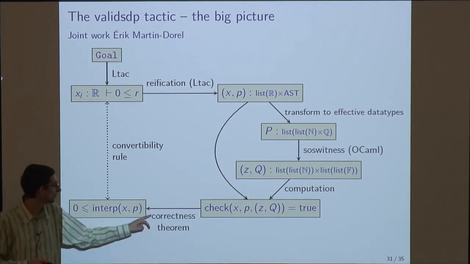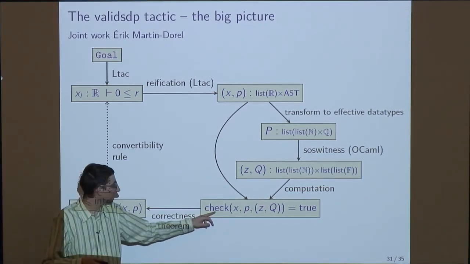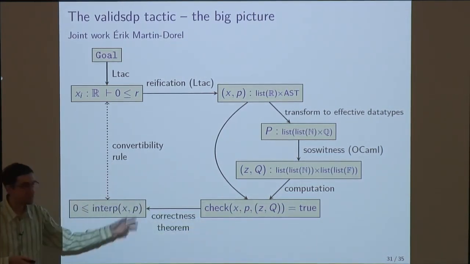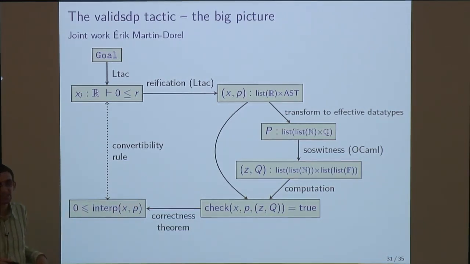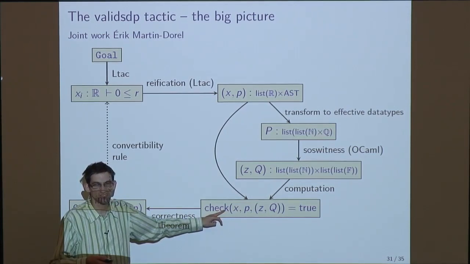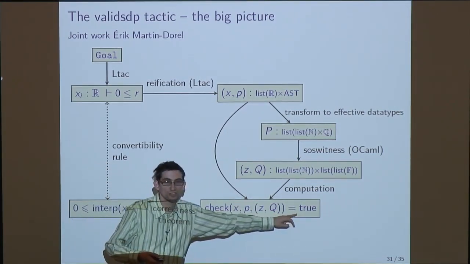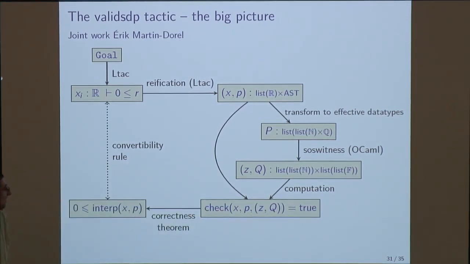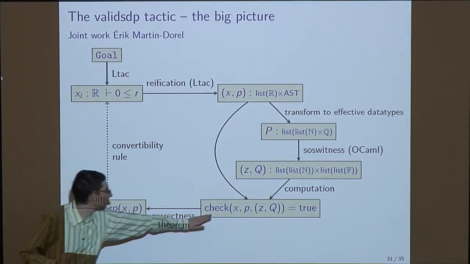So we have proved the theorem of correctness saying that if this is true, then our polynomial is actually non-negative. And the only thing that is left to do is to do the computation of the Cholesky decomposition and check that it actually returns true. So there is some floating point computation in there.